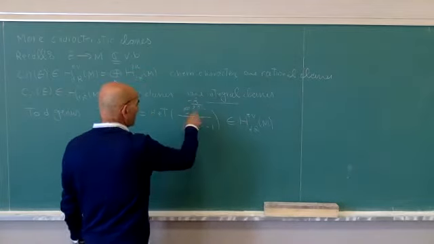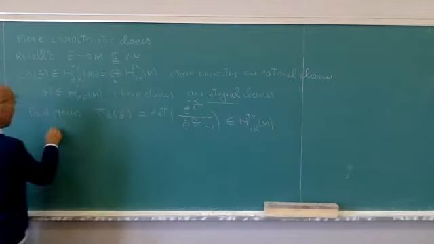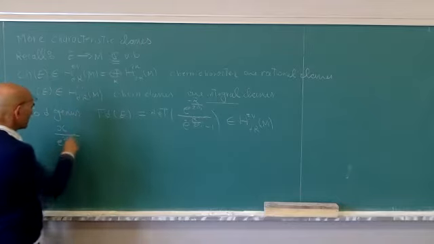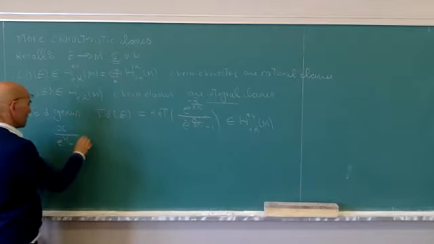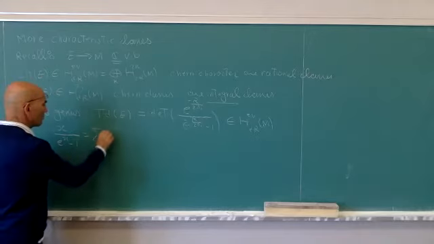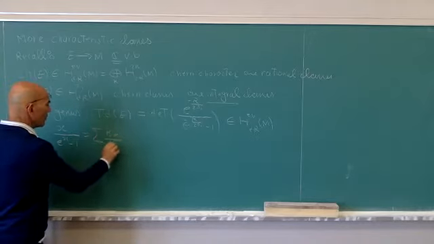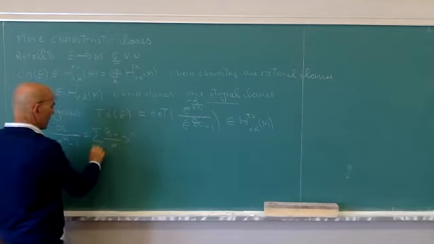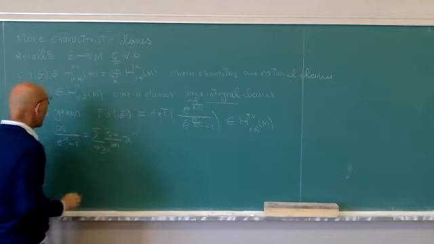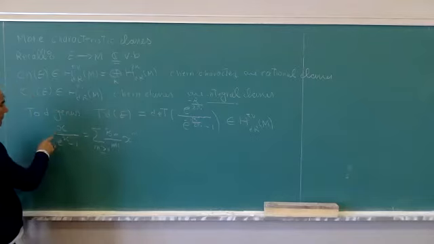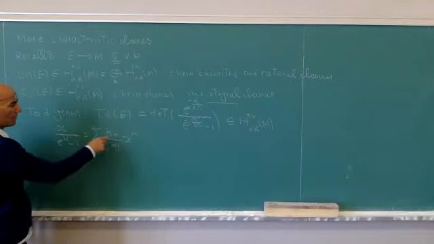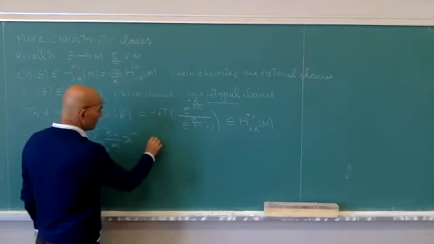This function is a very interesting function, e to the x over e to the x minus 1. This is one of the exercises. It is the sum of B_n over n factorial x^n, for n bigger than or equal to 0. So this function is the exponential generating function for Bernoulli numbers.